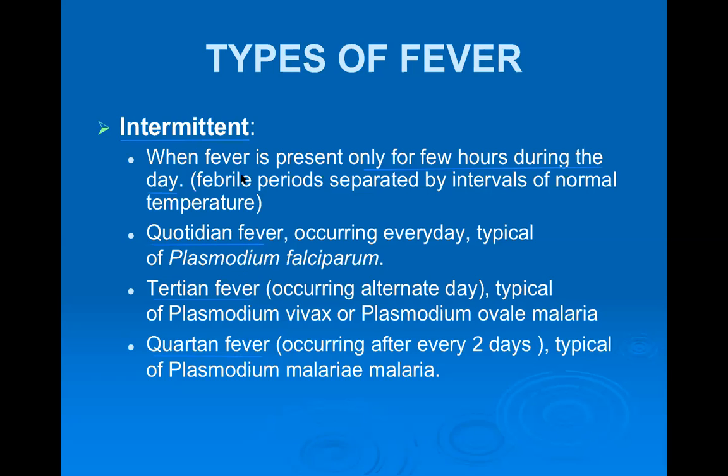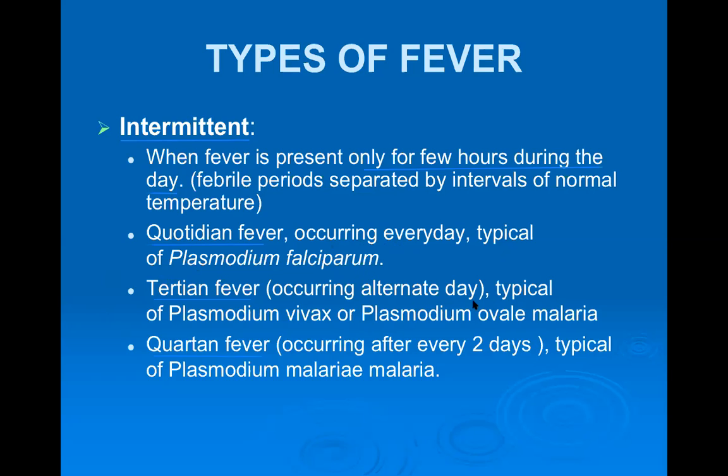One of the commonest causes of intermittent fever is malaria. See the different causative agents of malaria: Plasmodium falciparum, Plasmodium vivax, Plasmodium ovale, Plasmodium malariae, and these days even Plasmodium knowlesi, a new type of pathogen. Quotidian fever is fever occurring every day, typical of Plasmodium falciparum.